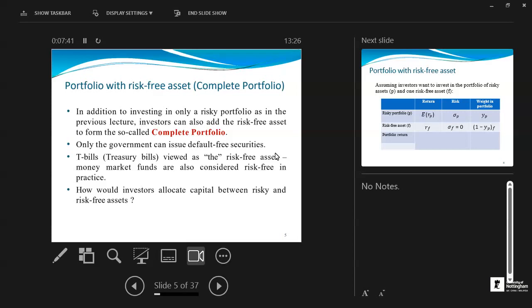But we use treasury bills as risk-free assets or an approximation of risk-free assets. So now if we have a risky portfolio and a proxy of a risk-free asset, the next question is, how would you allocate your investment between the risky portfolio and this risk-free asset?